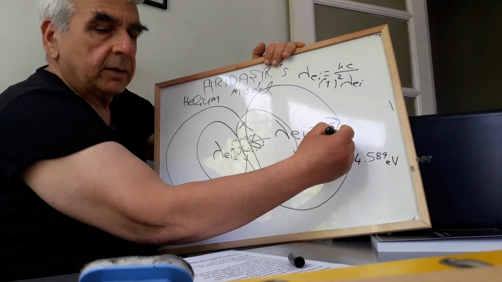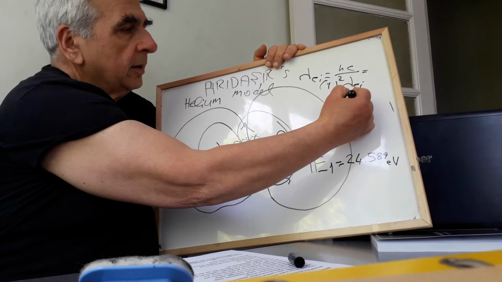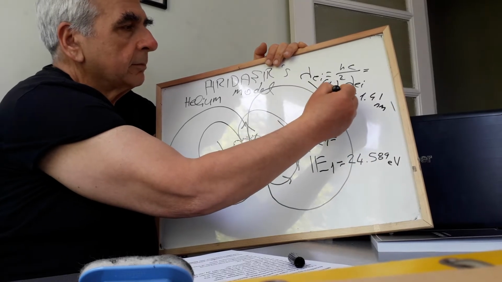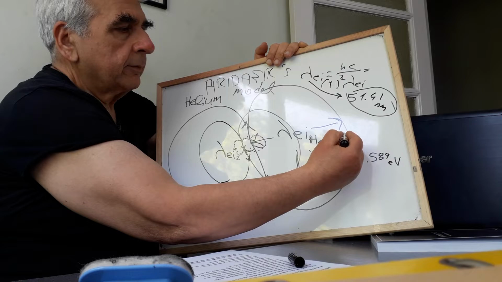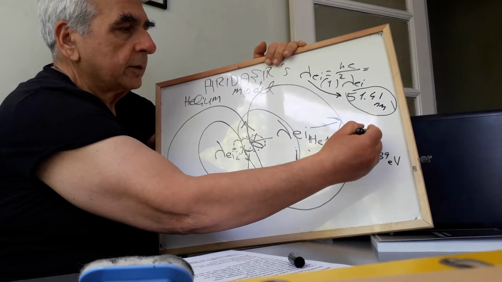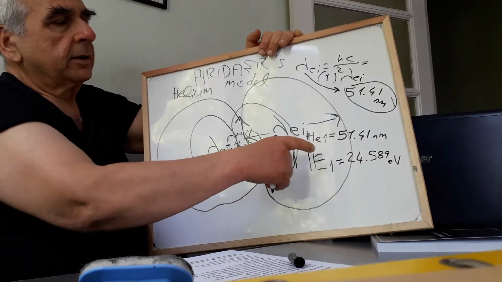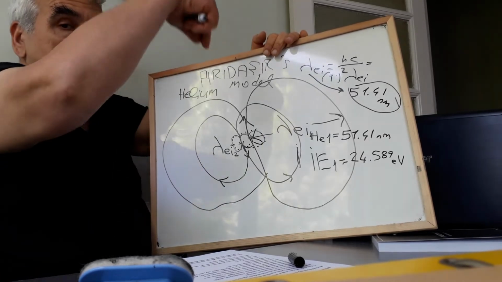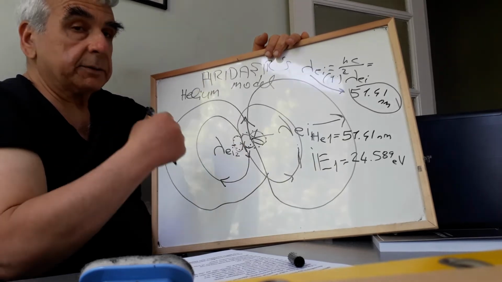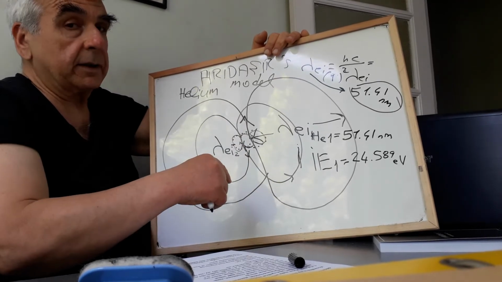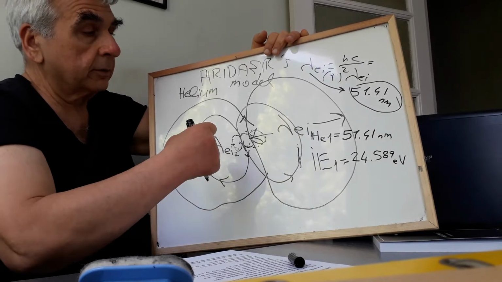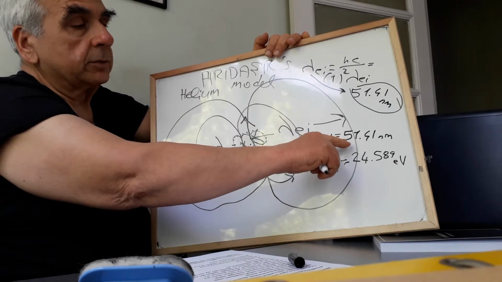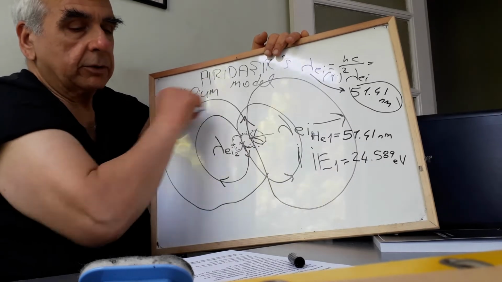Equal to 51.41 nanometer. 51.41 nanometer for in helium atom joint cycle with second proton and last electron motion form, bounded electron motion form, wavelength lambda EI helium 1 is equal to 51.41 nanometer. Okay.